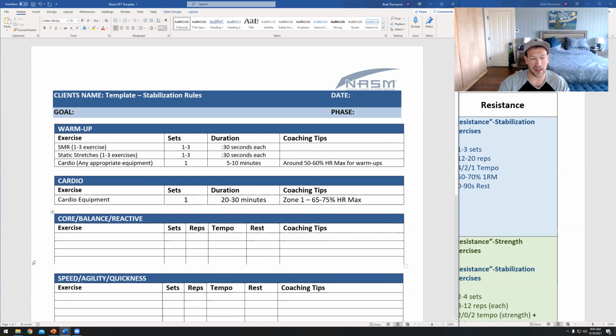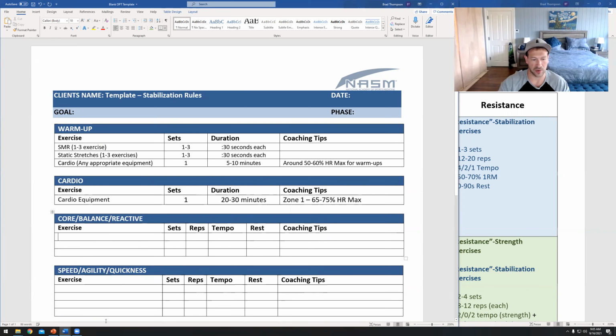Now for the core, balance, and reactive sections, right? Well, we're going to choose core stabilization exercises. We're going to choose core balance stabilization exercises.